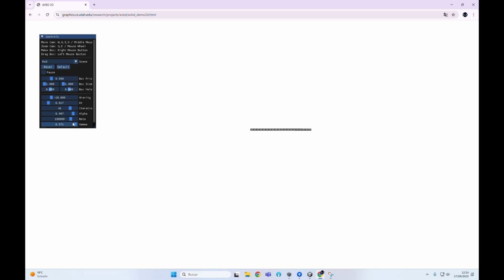So basically setting alpha and gamma to 0 is almost guaranteed to make the simulation explode. And strangely enough, with fewer iterations, you tend to get more reliable results. So yeah, that's a little weird.